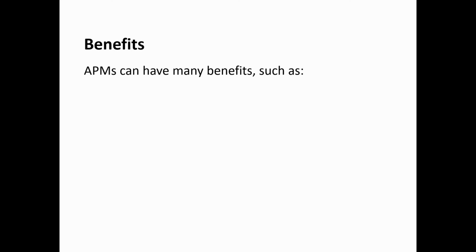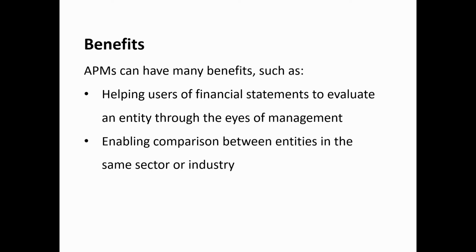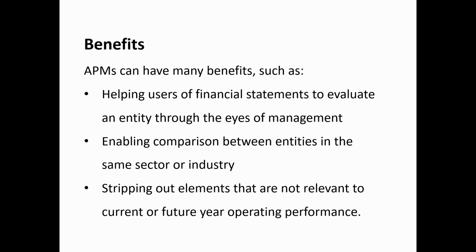Why it is required to study along with the common reports means it helps the users of financial statements to evaluate an entity through the eyes of management, compare between the companies in the same sectors, and strip out elements that are not relevant to current or future year operating performance.